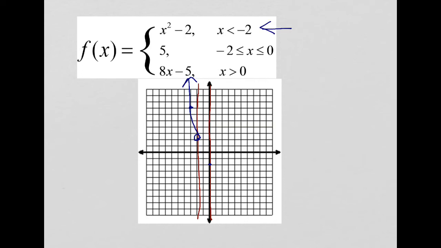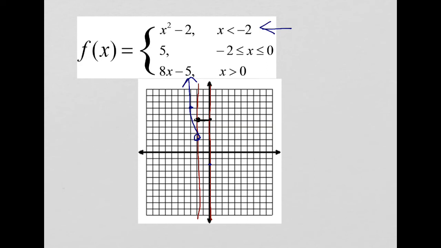Okay, my next graph is a constant 5 from negative 2 to 0. So 1, 2, 3, 4, 5. So that's this graph right here. And because of the equal signs, both of these are closed circles.